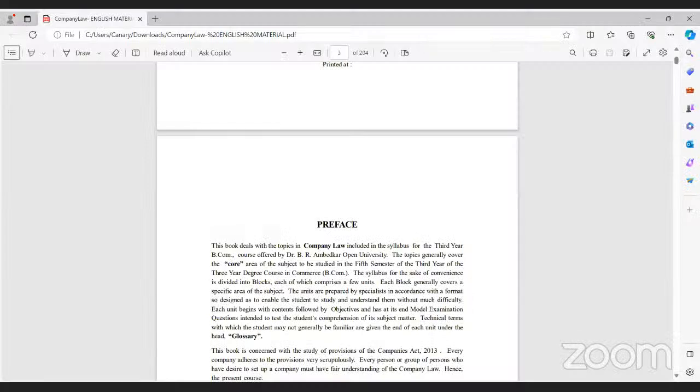Company Law, right? Is this material visible?